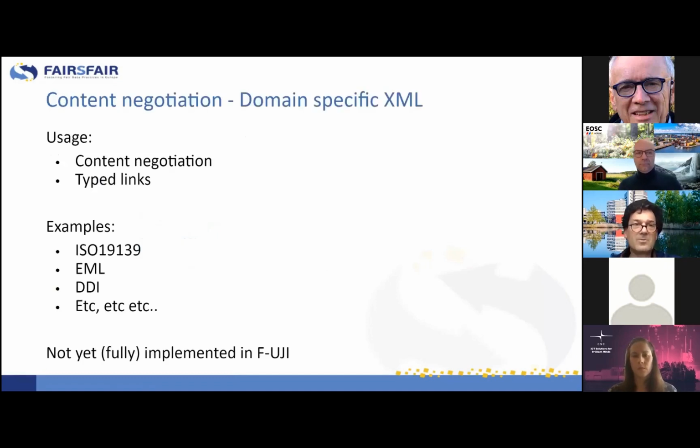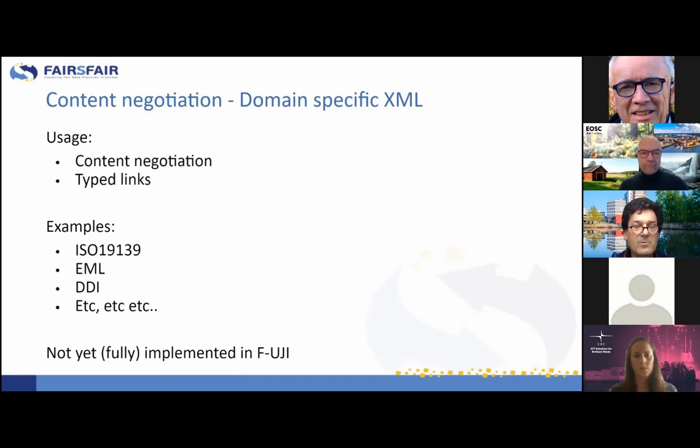And so last but not least, this has to be mentioned here. There are several ways to indicate data object links in domain-specific formats, which can be offered again using content negotiation or typed links. Both would be recognized by FUJI, but the appropriate mappers for these are not yet fully implemented.